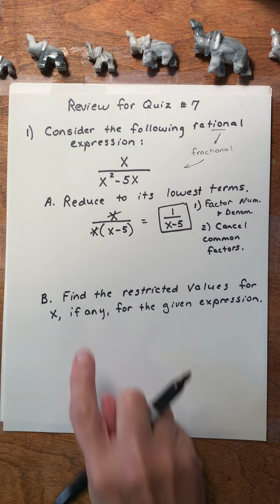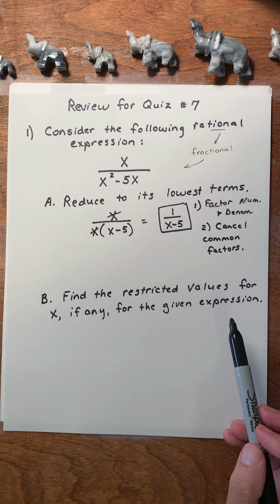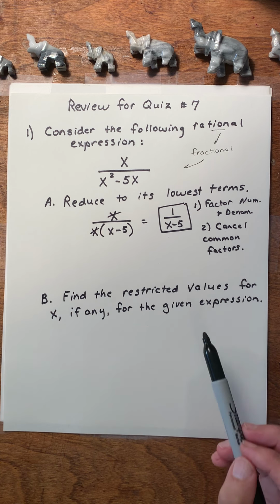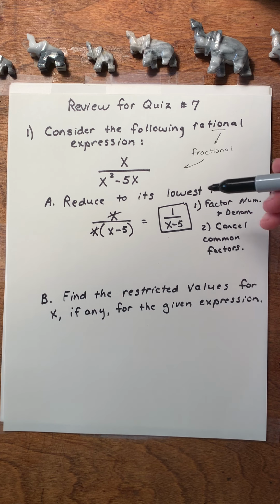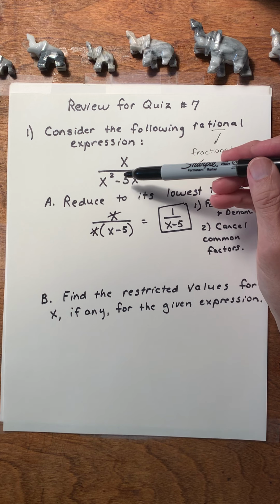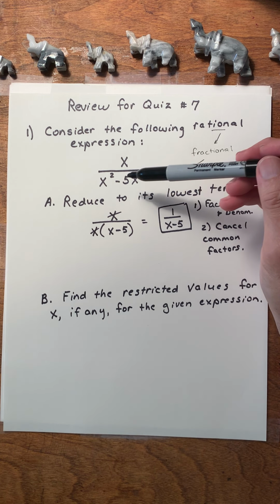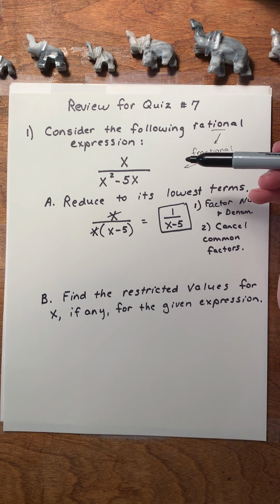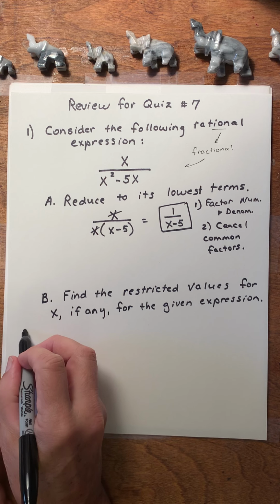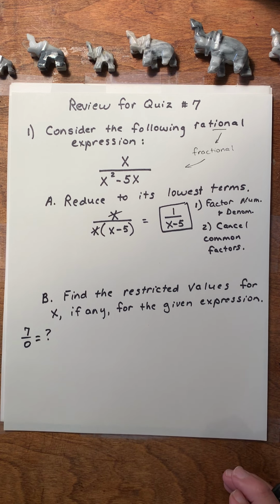All right, second thing is I'm being asked for restricted values for x for the given expression. Now you remember that I cannot allow any value of x to be in my domain, my considered values, that causes a denominator to be 0. If you have something like 7 over 0 and put that in your calculator, it's going to say, I have no idea what you're talking about.